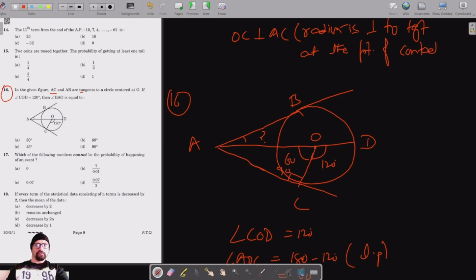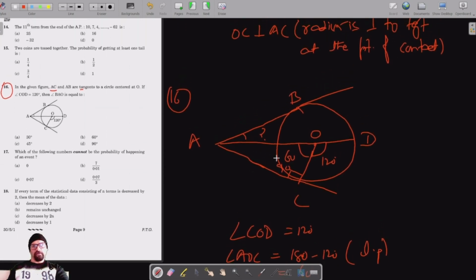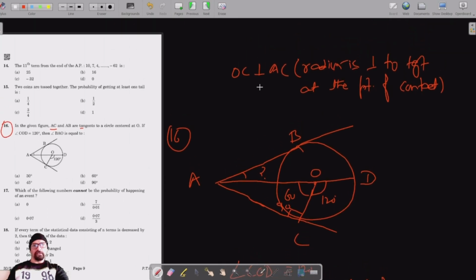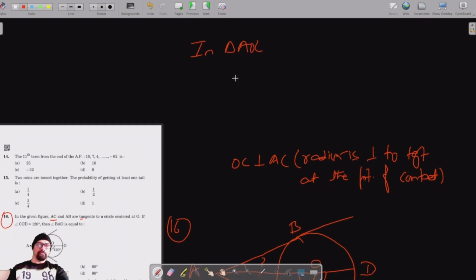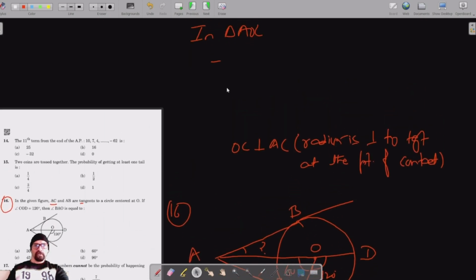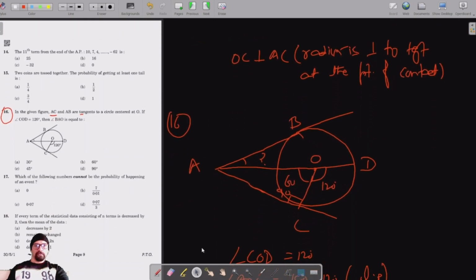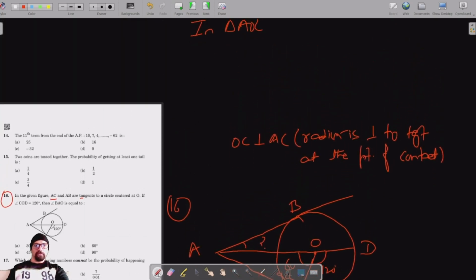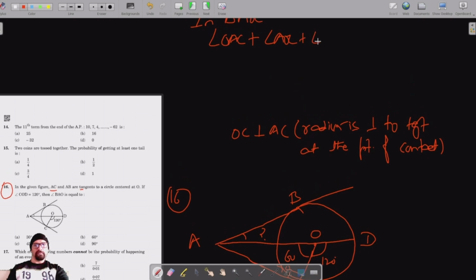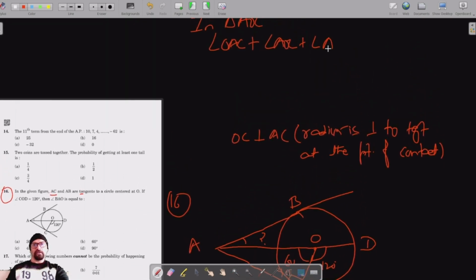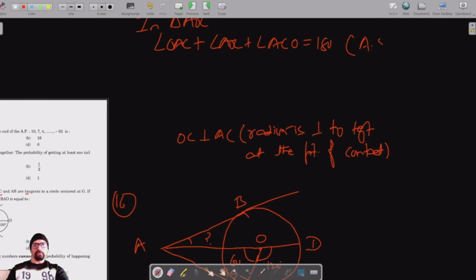And now if we use the angle sum property in triangle AOC, angle OAC plus angle AOC plus angle ACO is equal to 180 degrees, because of the angle sum property of a triangle.